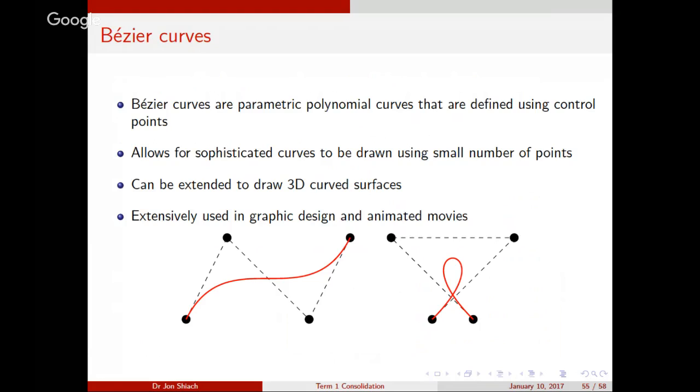And we can draw these, and you can make loops and curves and things like that. Draw 3D surfaces, and it's used extensively in graphic design. A classic example is car manufacture. That's where Bézier comes from. He worked for Citroën, I think, and he invented the curves.